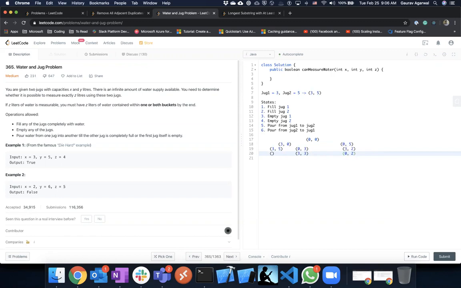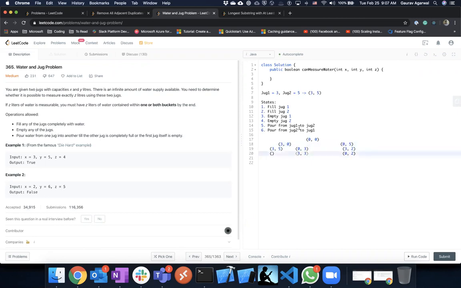Now look at other paths. In this case, fill jug 1 is already filled. Fill jug 2 will lead us to 3 5, which is already in the system. Empty jug 1 will lead us to 0 3, which is already in the system. Empty jug 2 will lead us to 3 0, which is already in the system.